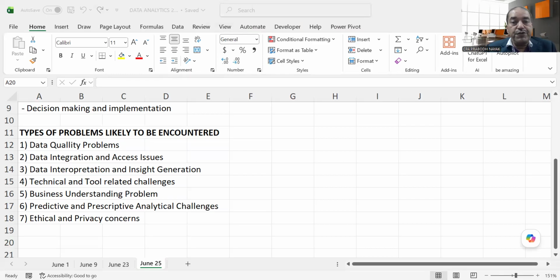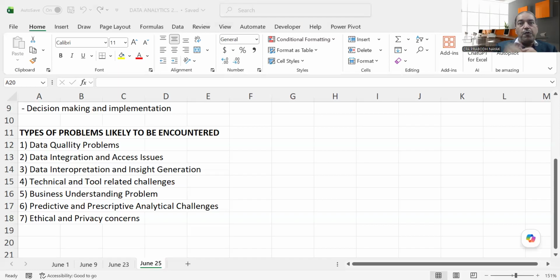So that is about data quality problems. Second is data integration and access issues. अभी इसमें क्या आ सकता है? Consolidation of data. You are collecting data from different sources. So consolidation and compiling of data from multiple sources or in multiple formats, which you have to now consolidate and prepare into one single standard form. So that difficulty is called data integration. Integration matlab consolidation. Access issues, access restrictions to relevant data. You have got the data from a particular source, but there is an access problem.